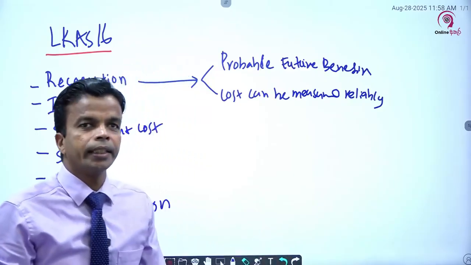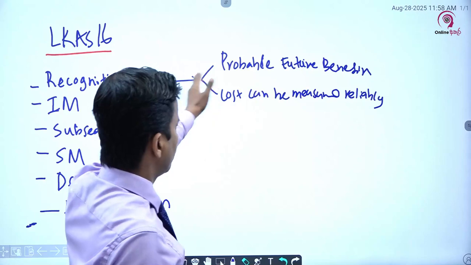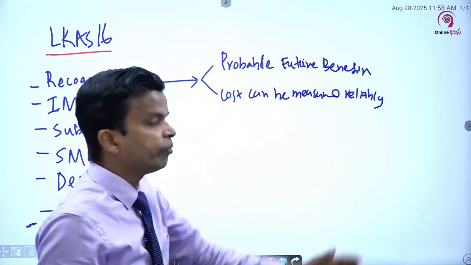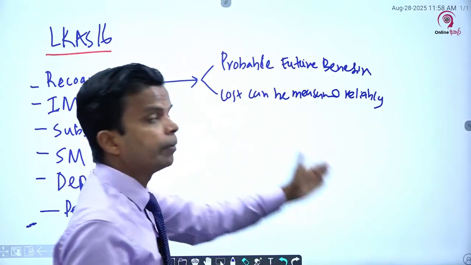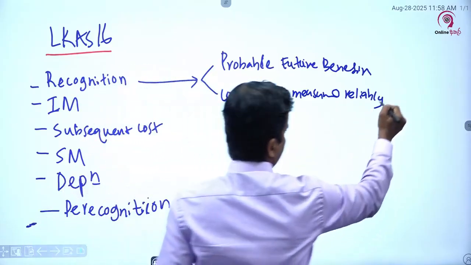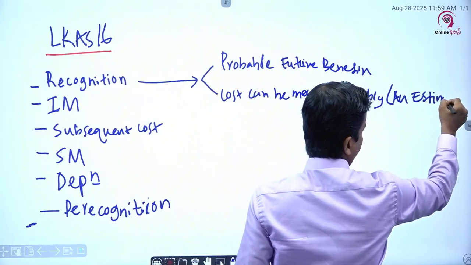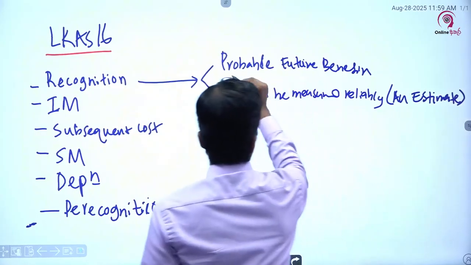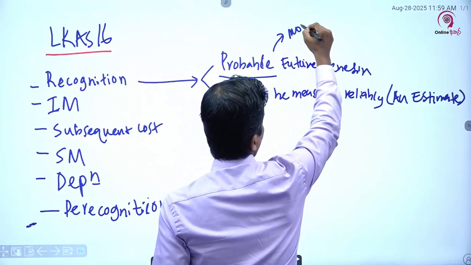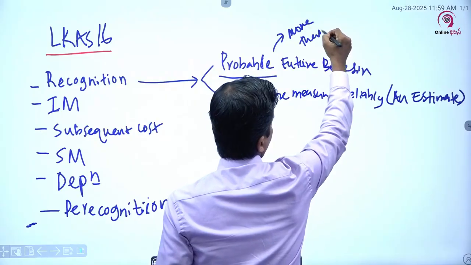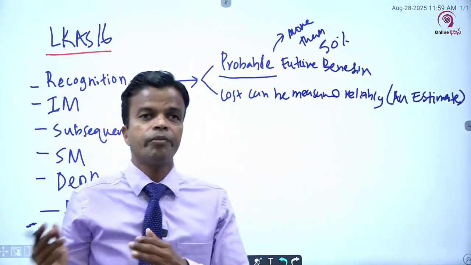If there's any item for you to recognize as part of PPE, first there must be probable future economic benefit derived through that item, and the cost can be measured reliably. So this could be an estimate, not necessarily an exact amount. And here, what is meant by probable is normally more than 50% probability, more than 50% chance.